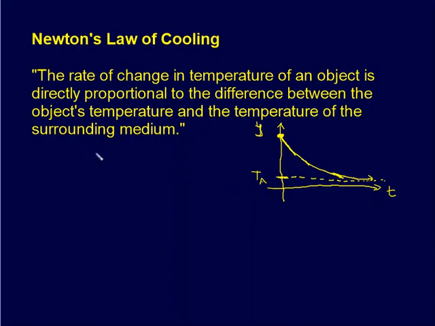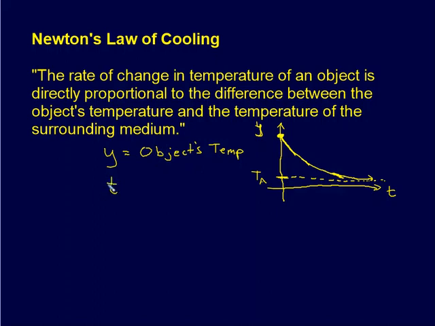Actually, what we should do first is define our variables, and I've already started to do that. y will be the object's temperature. It's the dependent variable. The units might be degrees Celsius or degrees Fahrenheit or kelvins, but that'll be specified in the problem we're given.